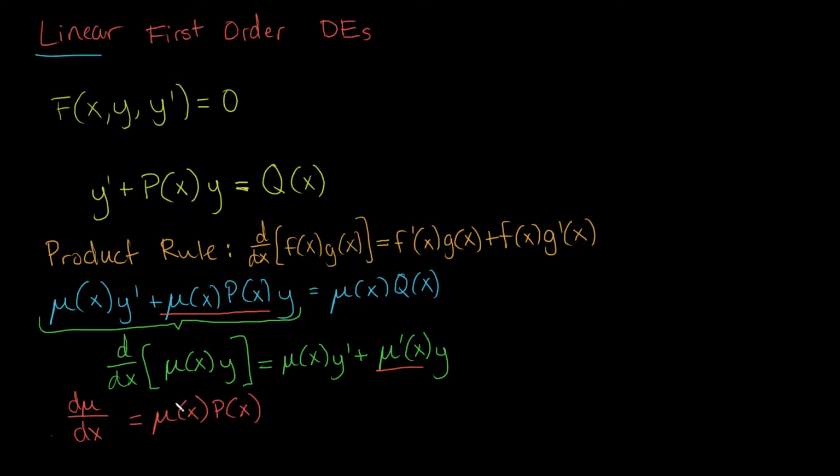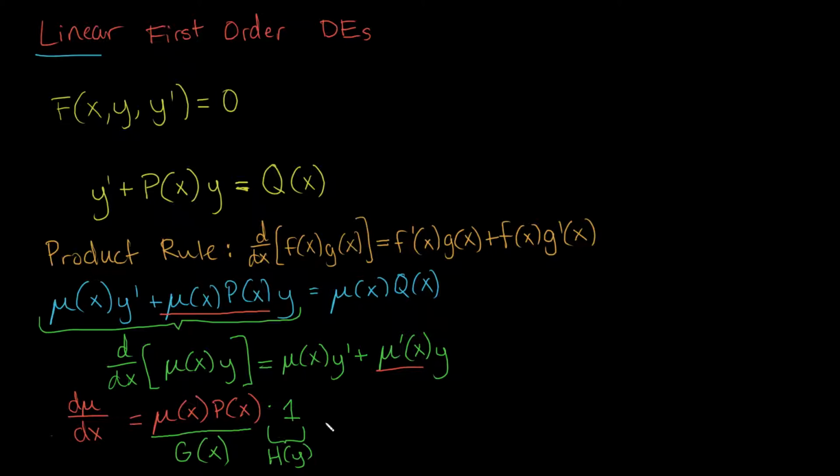We have mu as a function of x only, p as a function of x only, so we can think about mu of x times p of x as being yet another function of x only, and then we could think of this empty space here as being some quite lousy function of just y, being maybe just 1. So we have a multiplication of a function of purely x and a function of purely y.